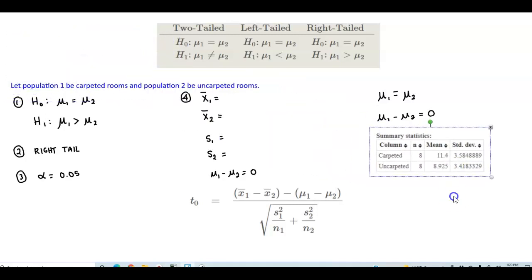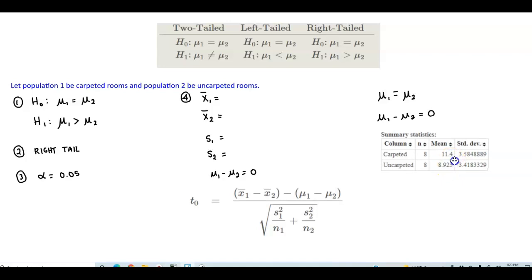Okay, so from this information, we're going to be able to determine, okay, what is the mean for the carpeted? We can see that the mean is 11.4. We also know that the mean for the uncarpeted is 8.925. Okay, and the standard deviation for population 1, we're going to round that to 3 decimal places.